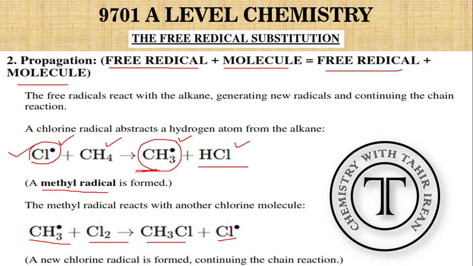There can be many propagation steps, but please remember the identification of the propagation step is free radical plus molecule, again free radical plus molecule. A new chlorine radical is formed, continuing the chain reaction. So when this happens, if we mix chlorine and methane and provide ultraviolet light to them, there will be multiple chain reactions starting at the same time. Let's move on to the next slide.